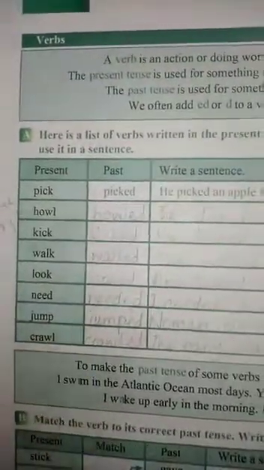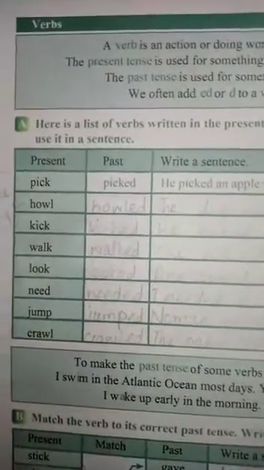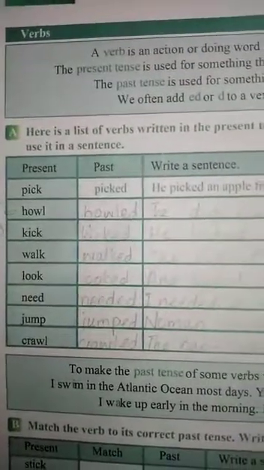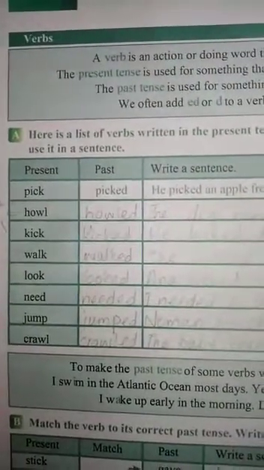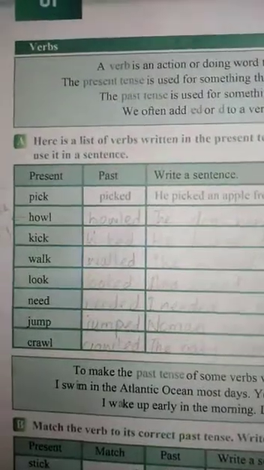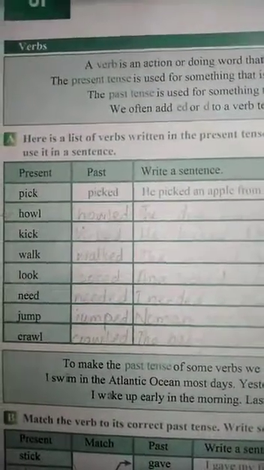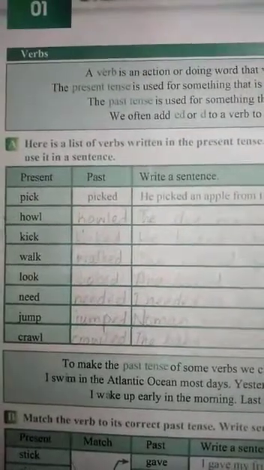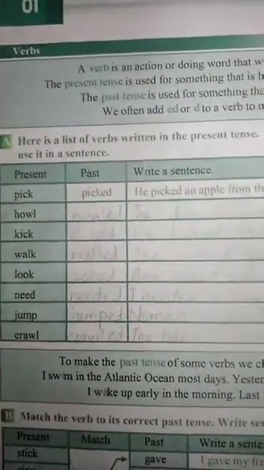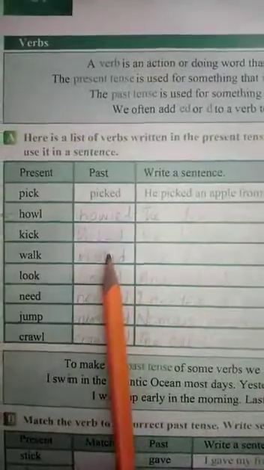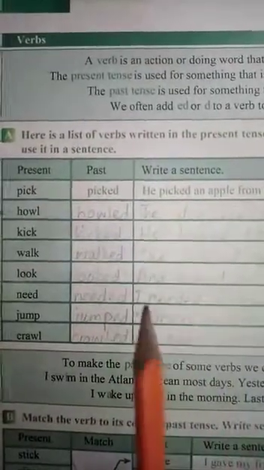Or we can write, me and my mother walked down the stairs. In the next sentence, she opened the door and walked in. One more sentence, we walked 10 miles before sunset. So these are the different sentences of the word walk. You will have to make your own sentences.